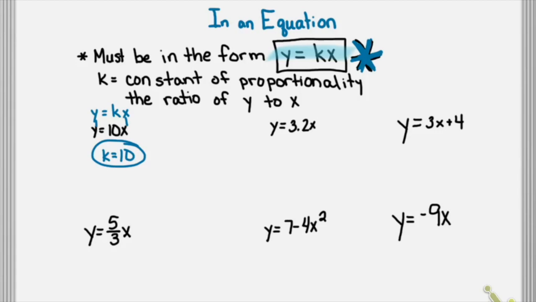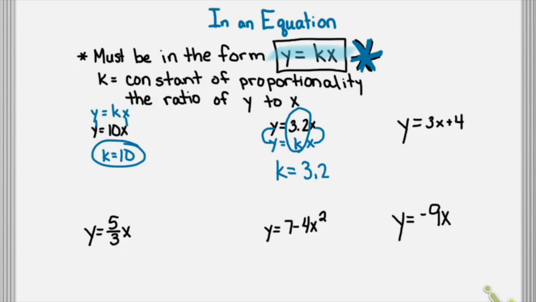And the next one, you can again match up your equation. You have your x, you have your y, and then if you match up your k, k equals 3.2. You can't have anything else added on.